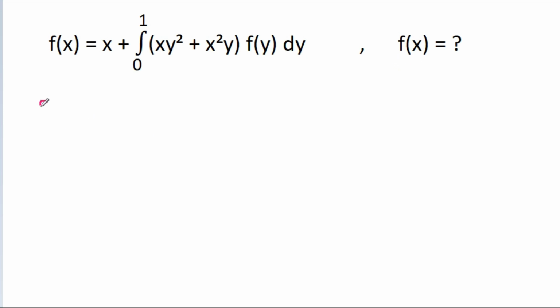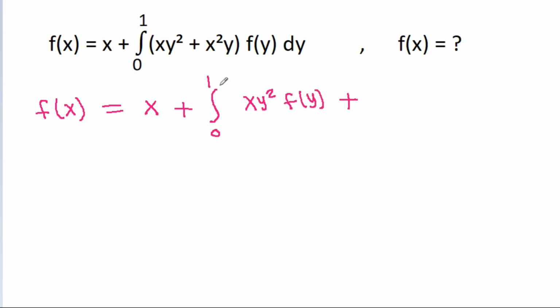So we have f(x) is equal to x plus the integral from 0 to 1 of xy square f(y) plus x square y f(y) dy.